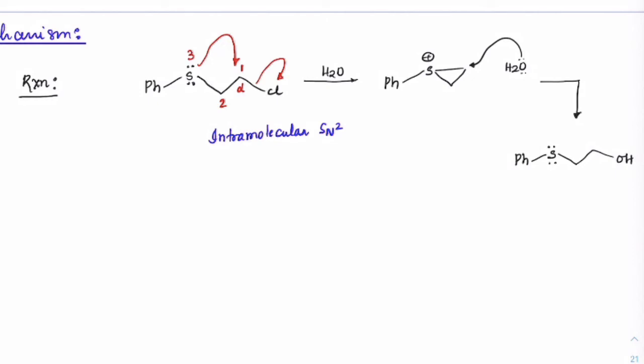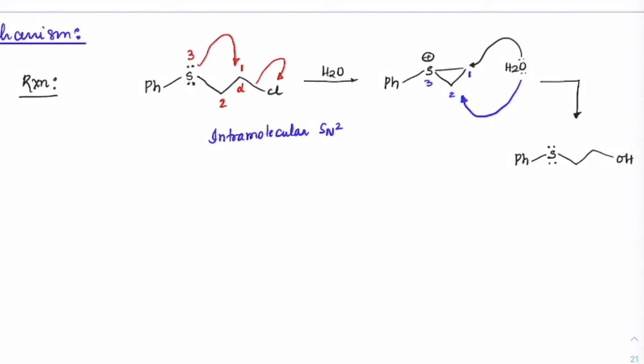So there is an intramolecular SN2 driven by the lone pair present on sulfur, and chlorine is being removed. Then we get this three-membered ring, and this three-membered ring is less stable here, correct? So after formation of this, water will attack on that alpha carbon which was present. So this was the first carbon, second and third. Now water could definitely attack on first carbon or second carbon because both of them are equivalent as of now.